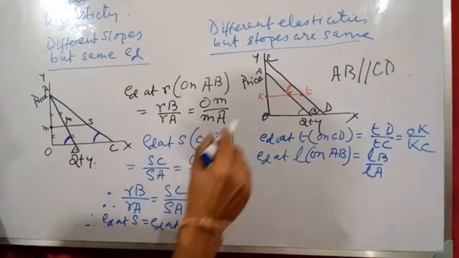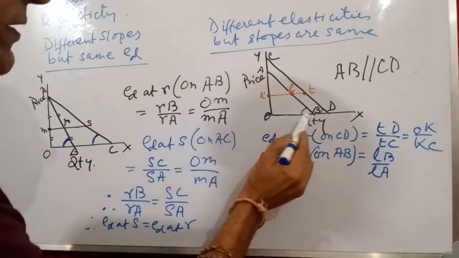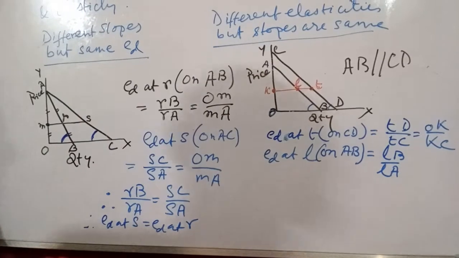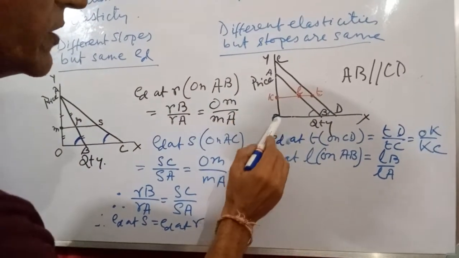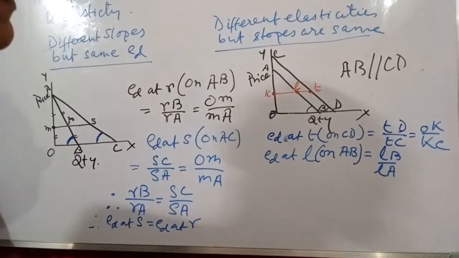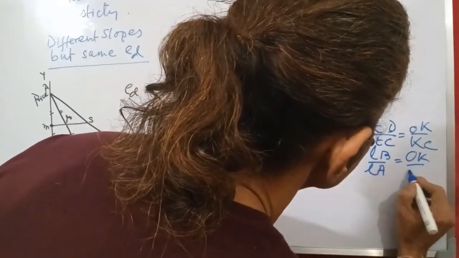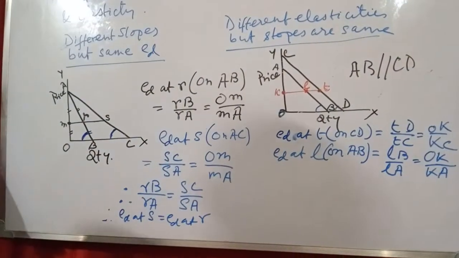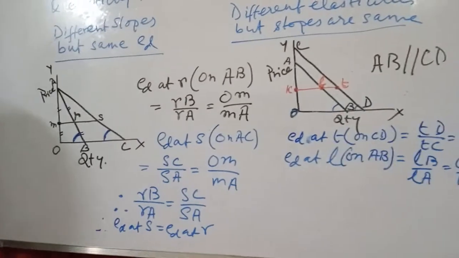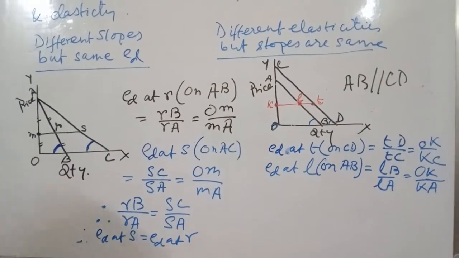Now consider this triangle AOB. AOB is a right angle triangle, therefore LB by LA is equal to OK by KA.